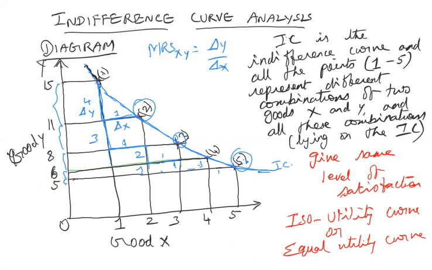So which combination will the consumer select? That depends upon the prices of commodity X and Y as well as the budget, the money income of the consumer. The consumer can pick only one of these 5 combinations. That's how the consumer will attain the equilibrium position.